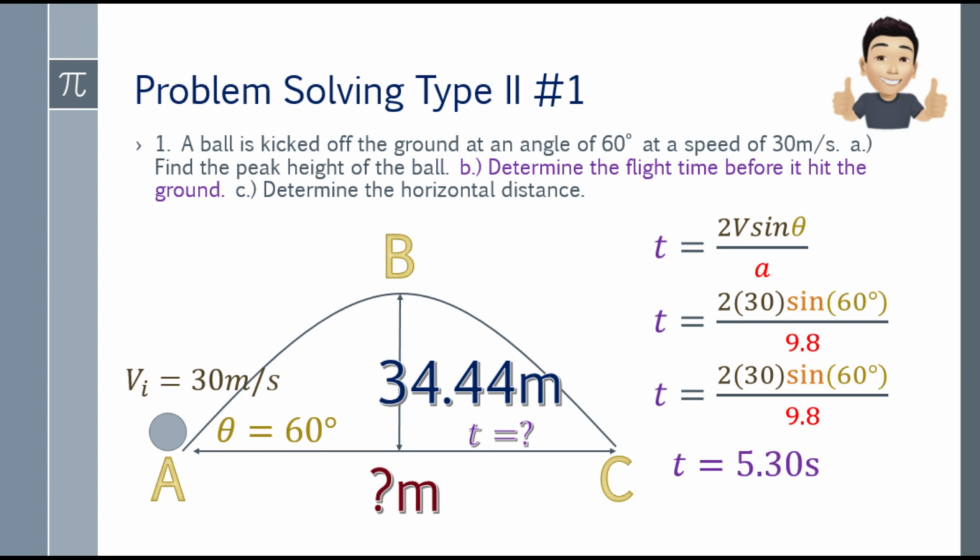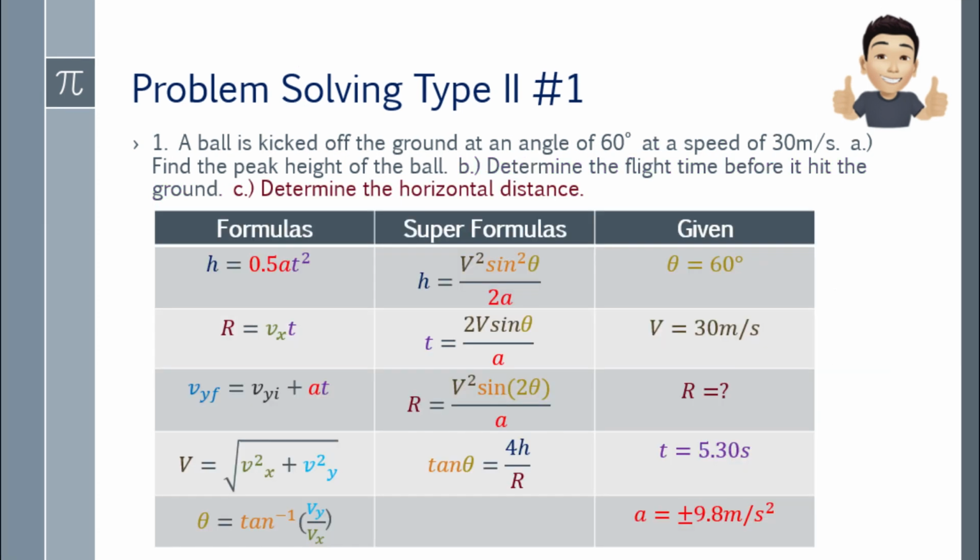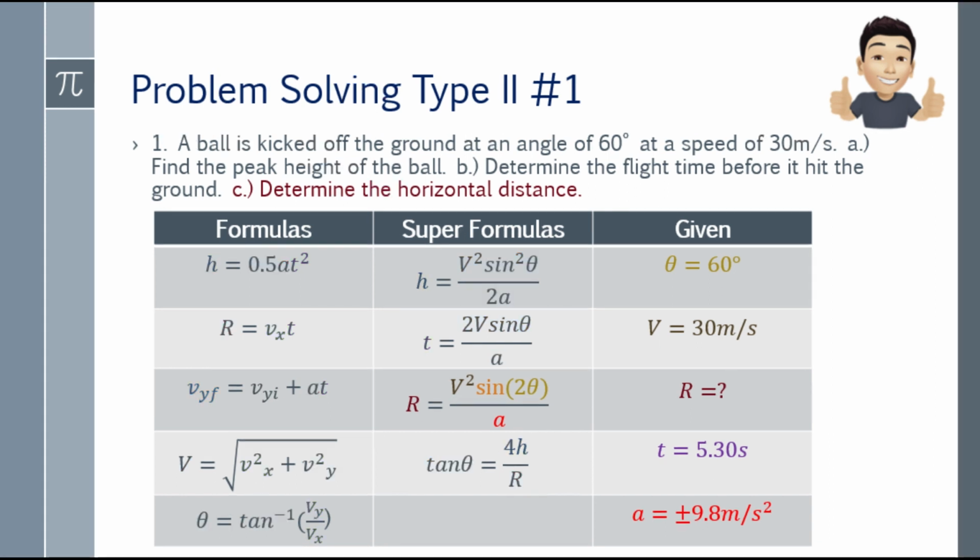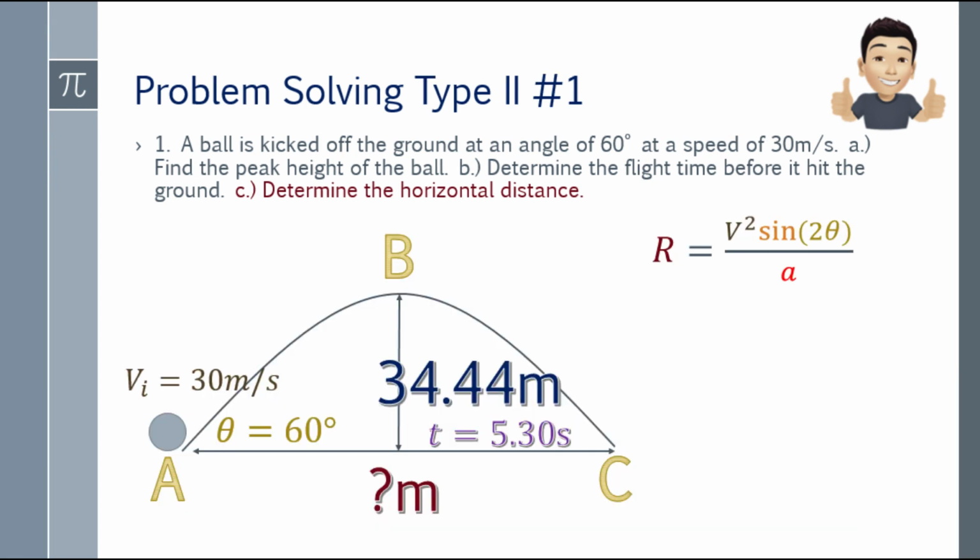Yung sa bola. Alright, so last part tayo ng problem, determine the horizontal distance. So dito naman, nagkaroon na tayo ng time. So anong formula ang pwede natin gamitin dito? We can use the super formula in finding the range. So that will be range is equal to v squared sine 2 theta over a. So let's substitute the values.